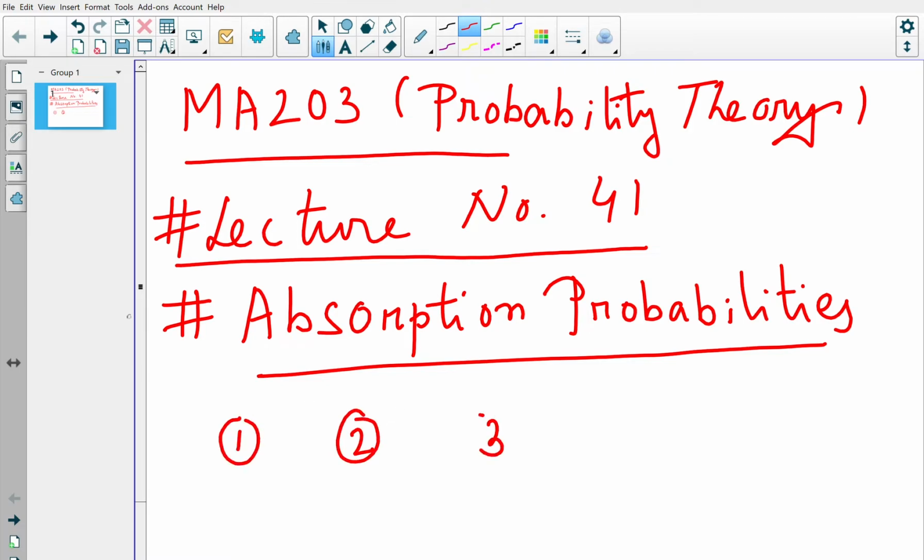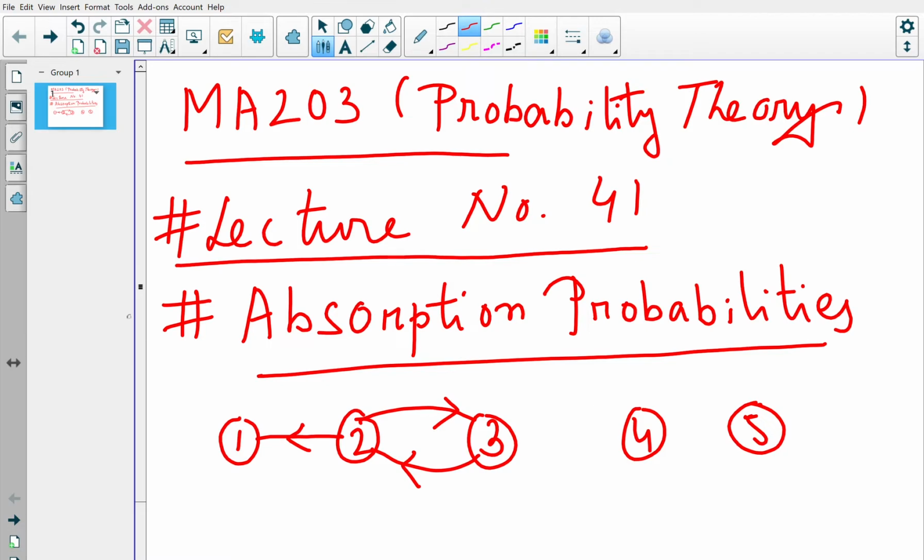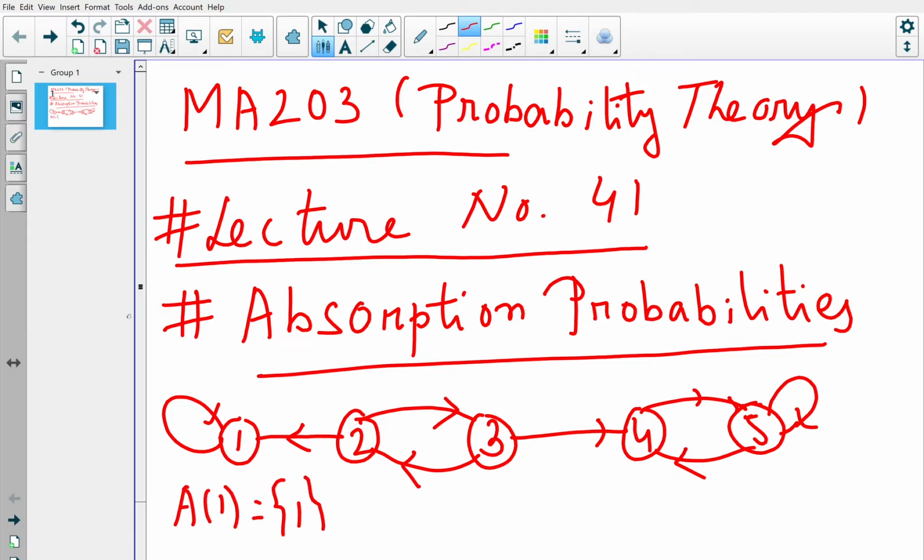So suppose we have this kind of Markov chain with 5 states, and these are the transition probabilities. Now, states 1, 4, and 5 are recurrent states. In fact, state 1 is a single class, A1, consisting of only one state.